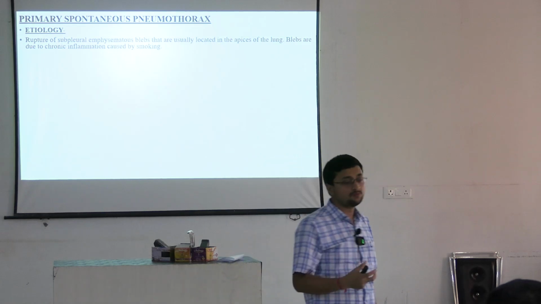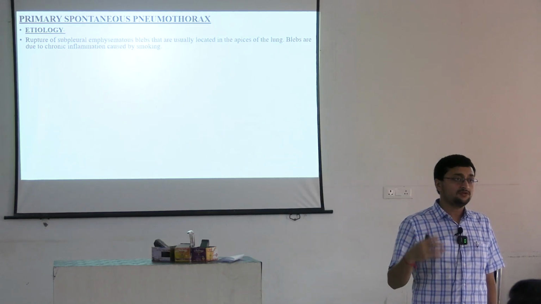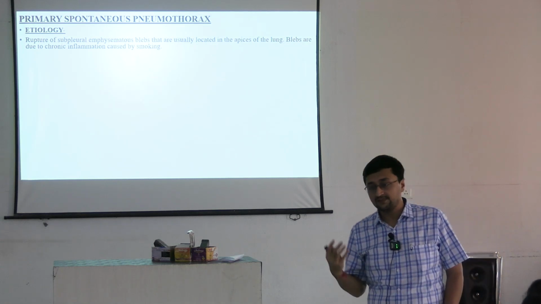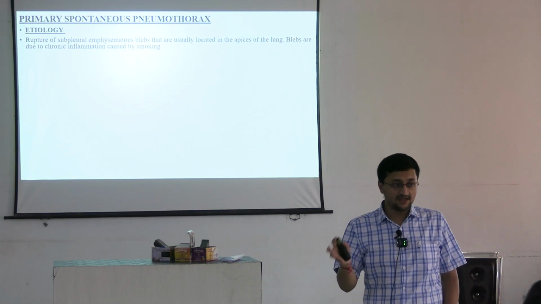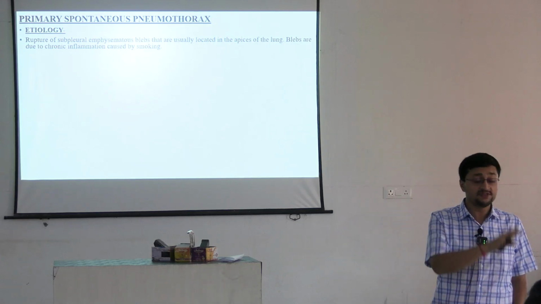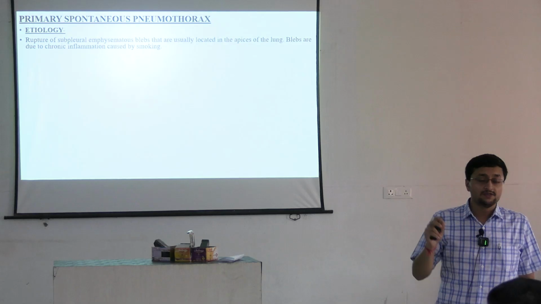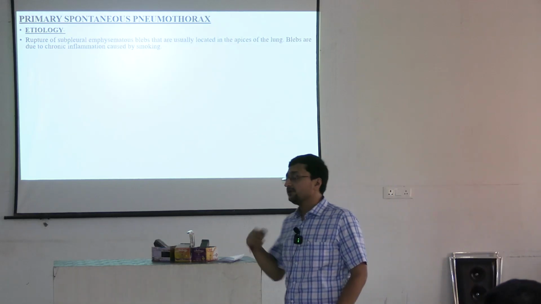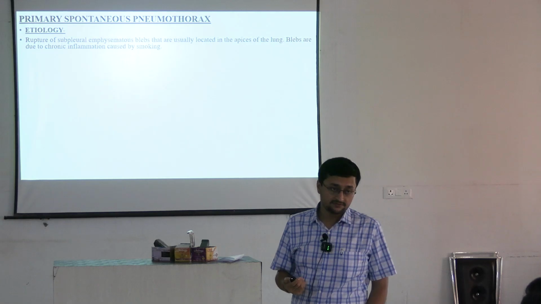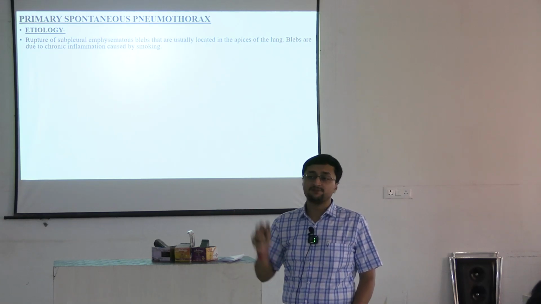The blebs most commonly are formed by continuous reactive oxygen species mediated damage to the subpleural space and erosion, and this is because of smoking. Okay, so in case of smoking, chronic inflammation creates blebs which are located subpleurally, mostly at the apex of the lung.